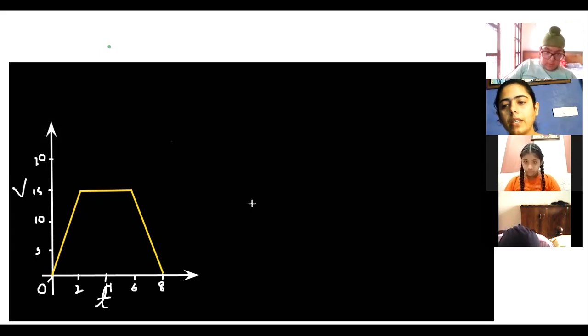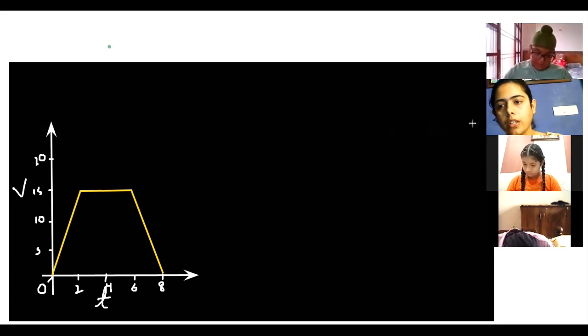Okay, find out the displacement of the object in the whole journey.